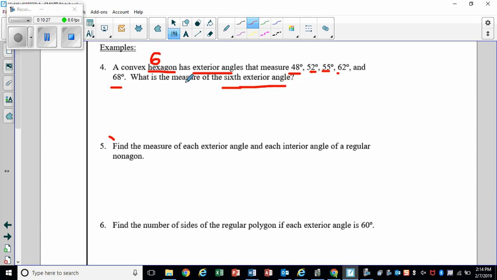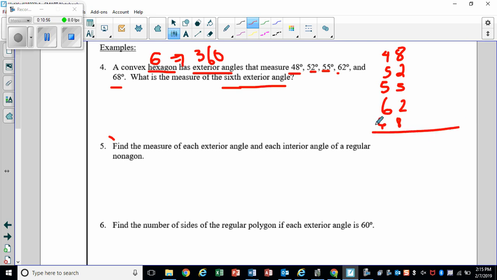I'm looking at only one angle. I know a hexagon's exterior angles always add up to 360, right? It doesn't matter how many sides it has, it's always going to be 360. So we're going to add up each of the angles: 48 plus 52 plus 55 plus 62 plus 68.